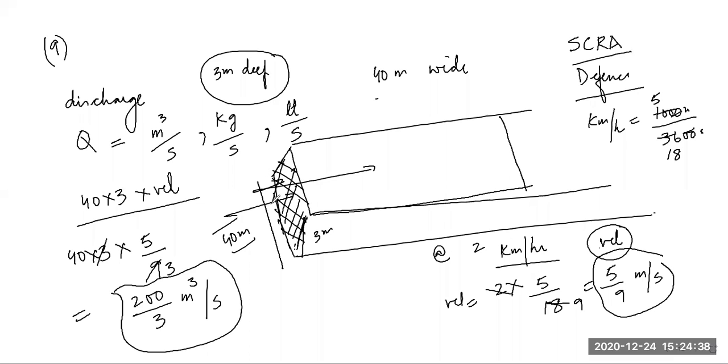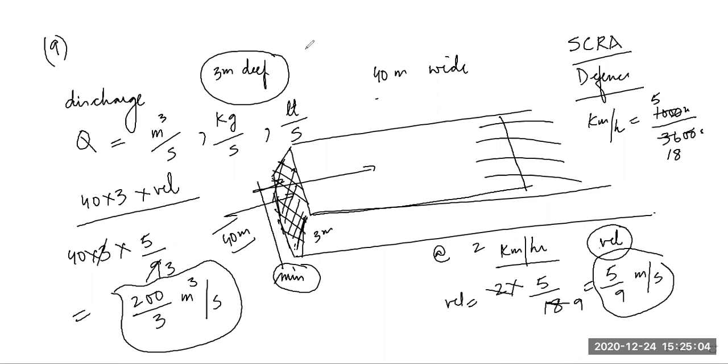Now, please tell me, in 1 minute, how much water going at this rate will fall into the sea? 200 by 3 meter cube per second is the discharge. So in 1 minute, how much water will flow? How much water will be collected in the sea?